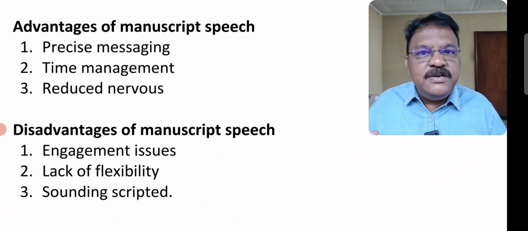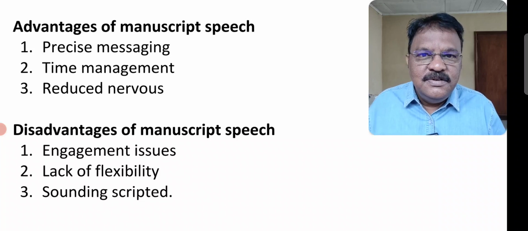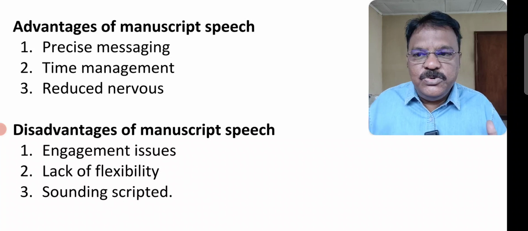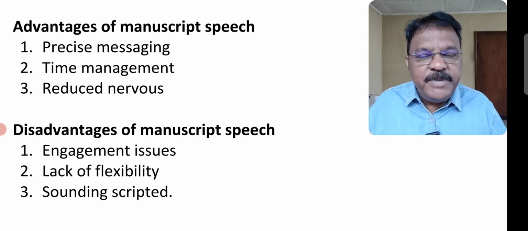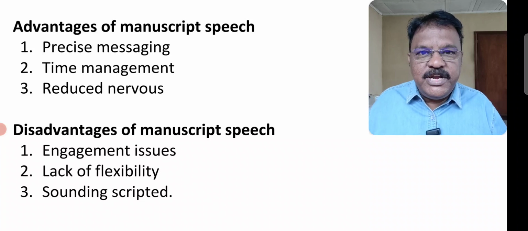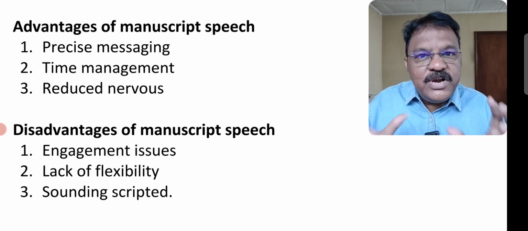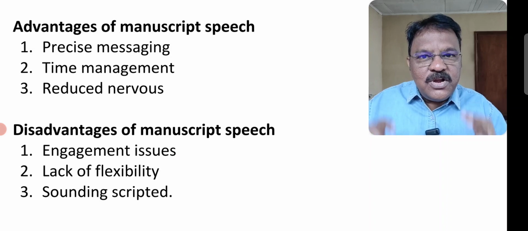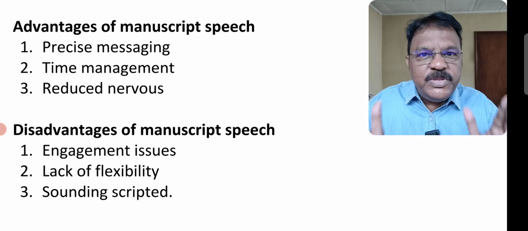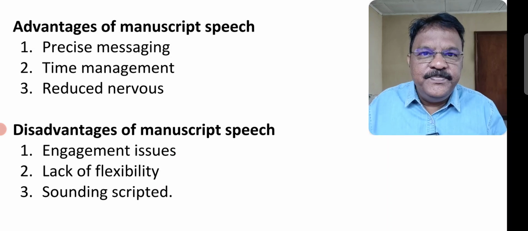Number one, engagement issues. Since you are reading from a paper or from a teleprompter, my dear friends, you may not be looking at your audience frequently. You will not be keeping touch with your audience frequently.